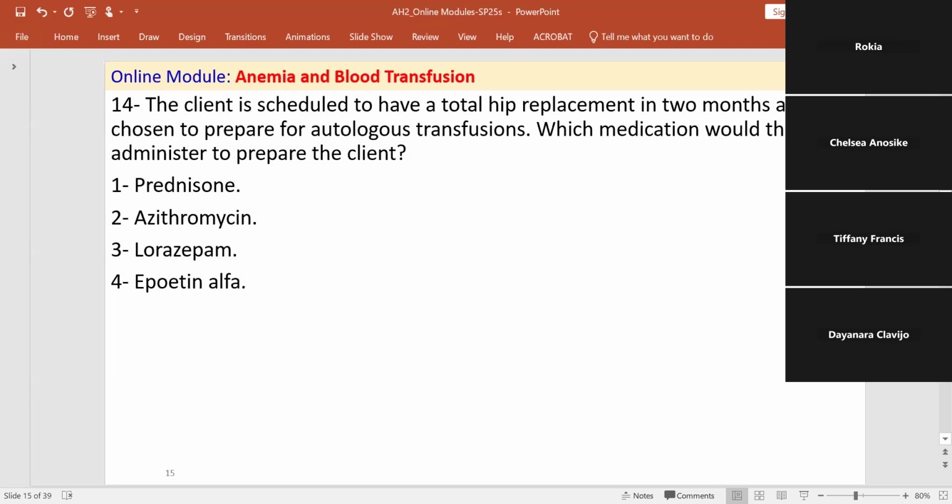So total hip replacement in 2 months, and autologous. You know what autologous transfusion is, right? Yes, Professor. Okay, so they store their own blood units in preparation for future surgery. So which medication would the nurse administer to prepare the patient?